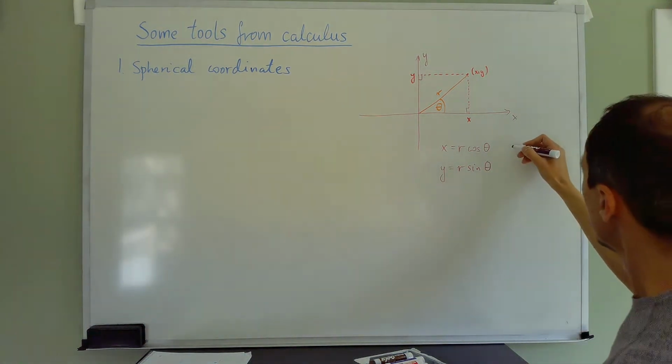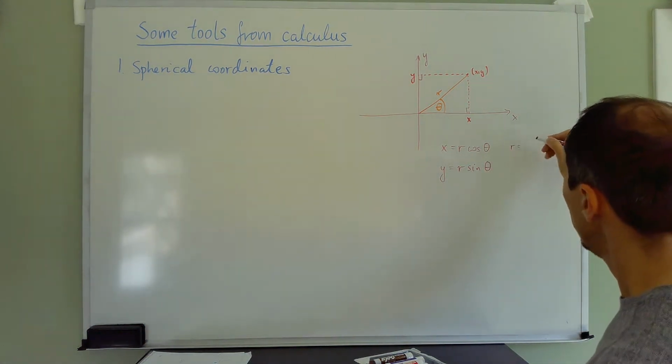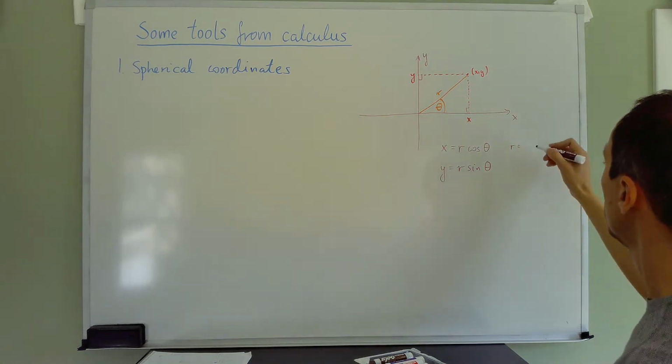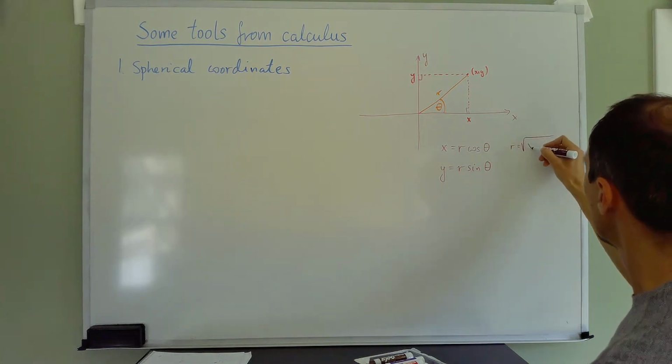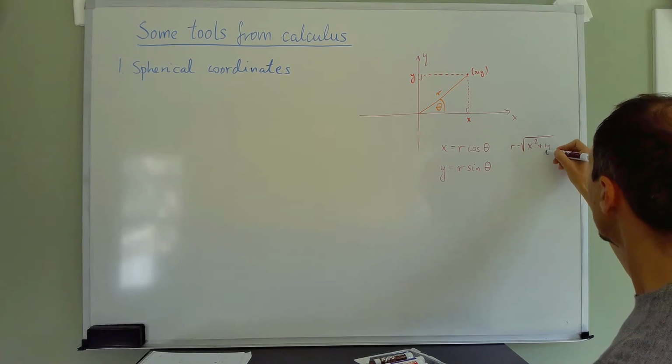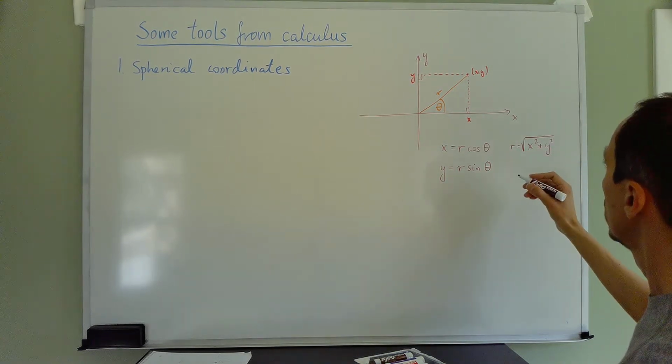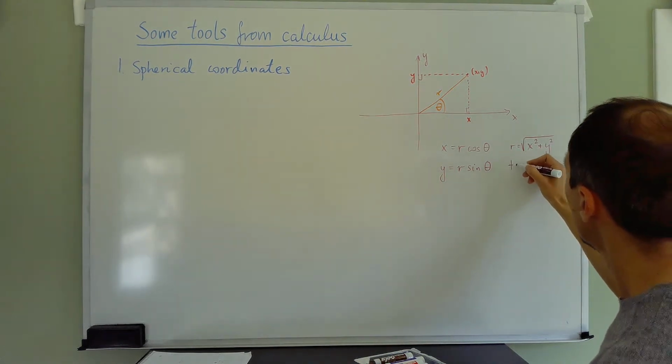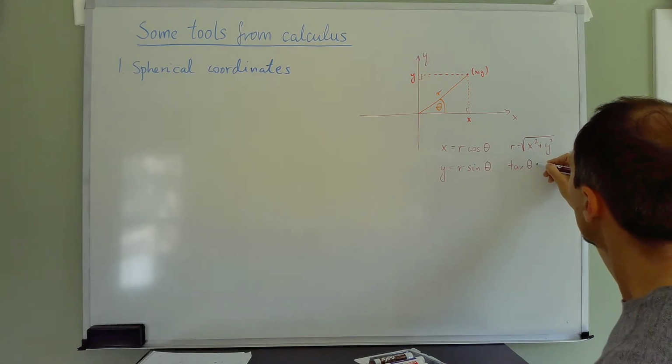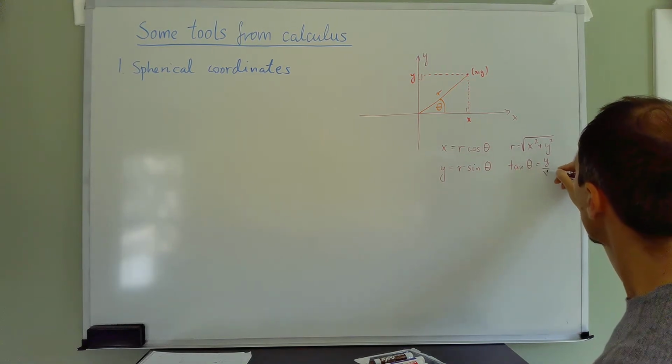Or vice versa, you see that r, being the distance from the origin to the point x, y, is just the square root of x squared plus y squared, while tangent of theta is equal to y over x.